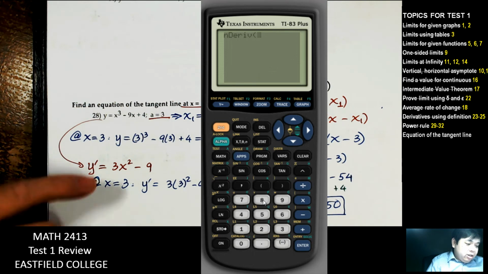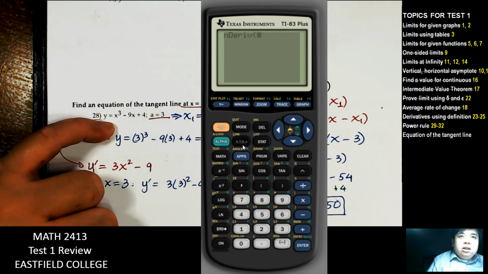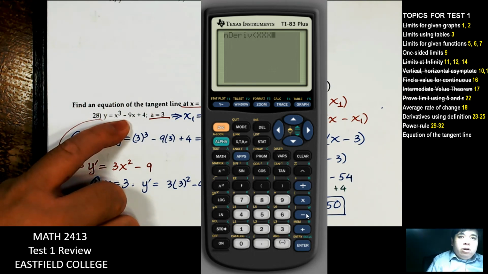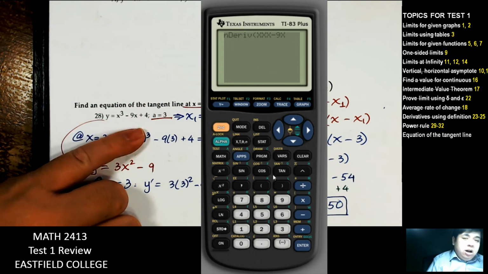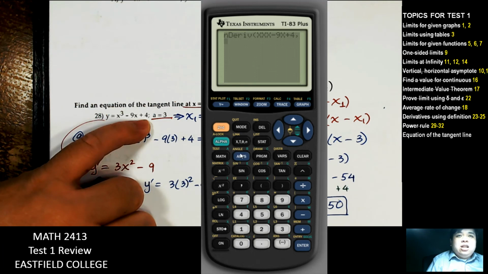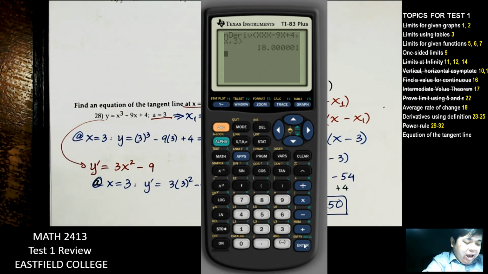Right, completely different. We have the function as x cubed minus 9x plus 4. X is the variable, and we evaluate at 3. The number is exactly like the one we had earlier. It just displays a little bit differently. So it is 18.